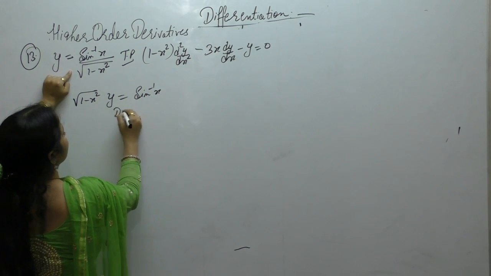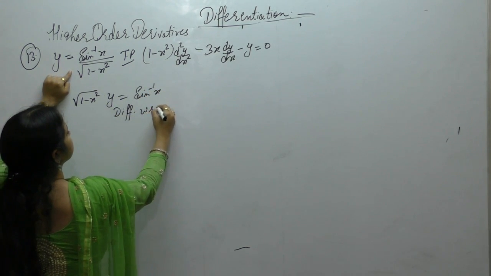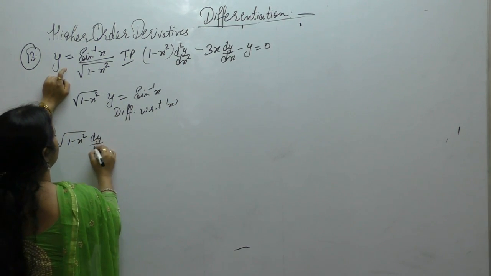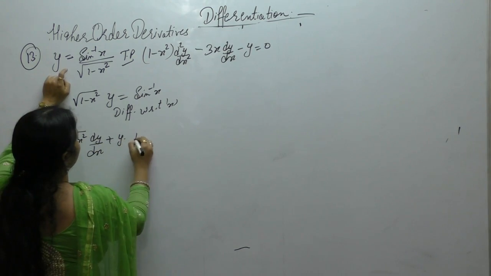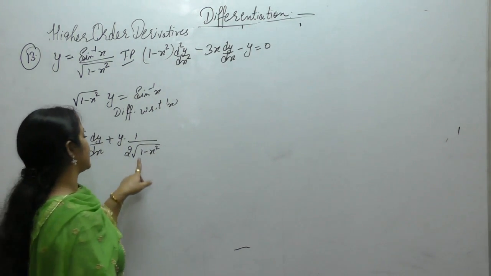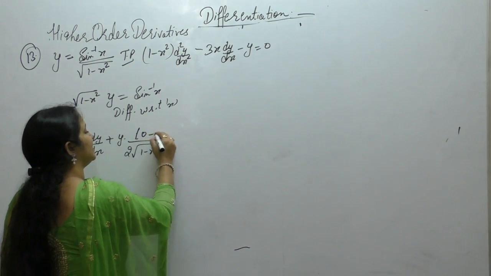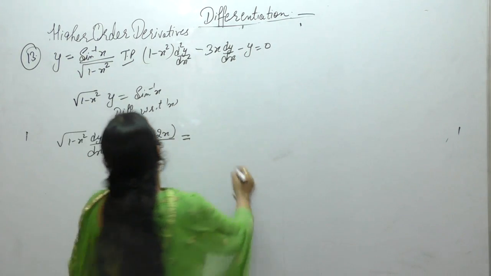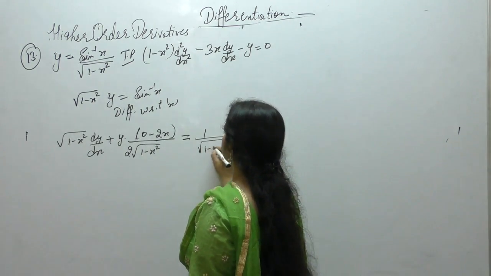Now differentiate with respect to x. First function, derivative of second, plus second, derivative of square root of x, 1 upon 2 square root of x. Now derivative of 1 is 0, minus x square is minus 2x. Derivative of sine inverse x.